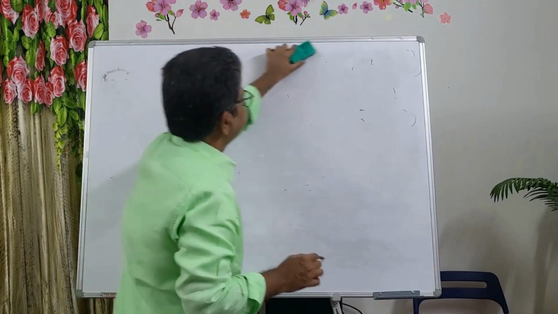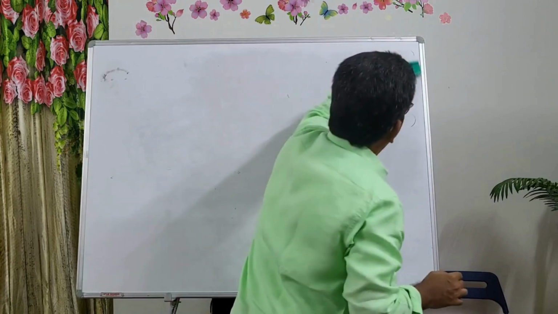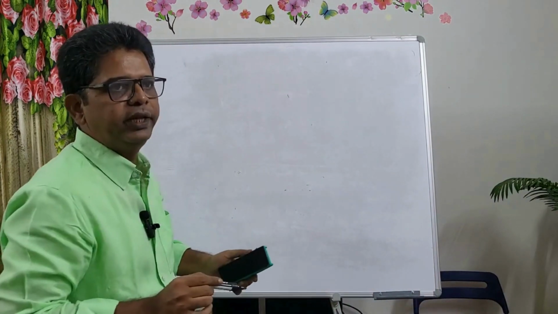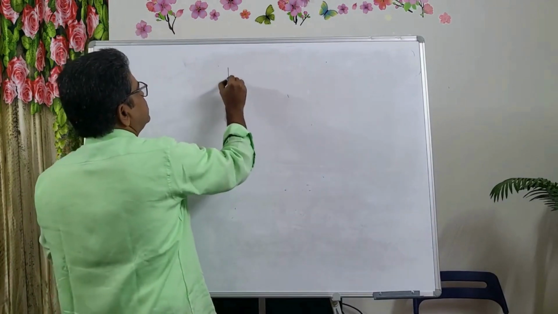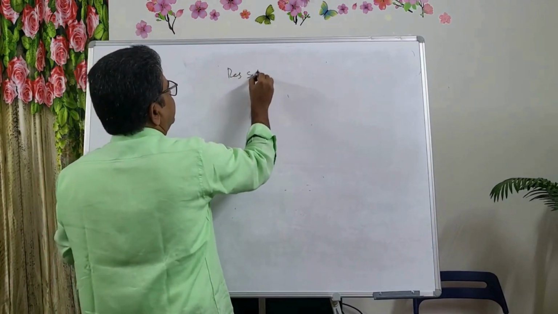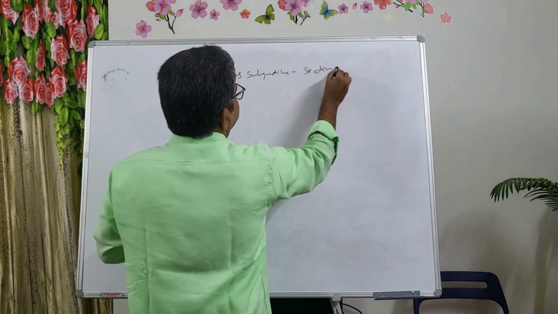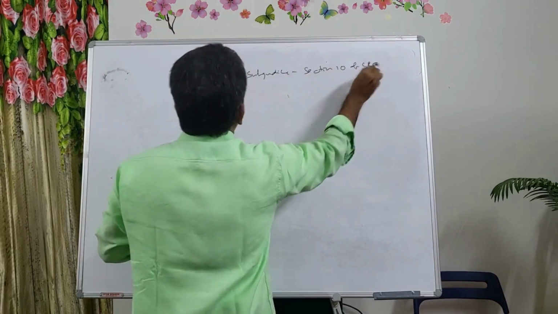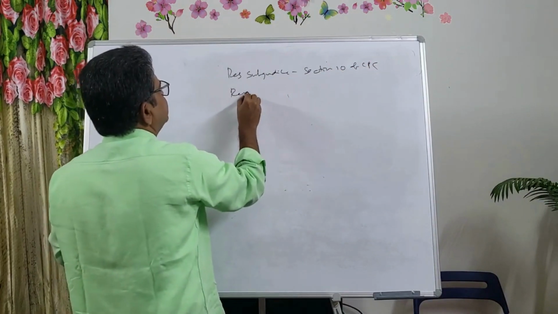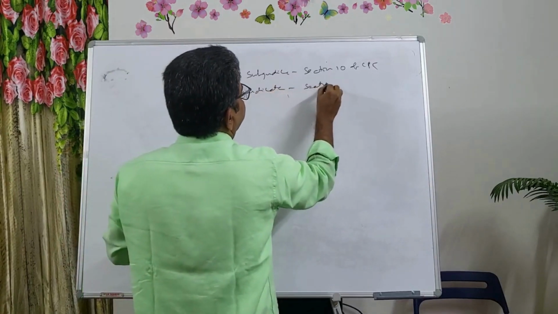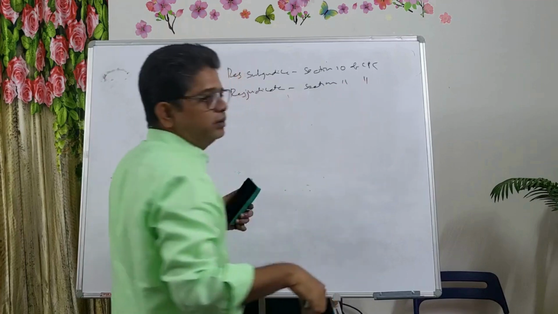Now, since we are dealing with the plaint, I thought that it would be appropriate to discuss the concepts of res sub judice, Section 10 of CPC, and the concept of res judicata, Section 11 of CPC.